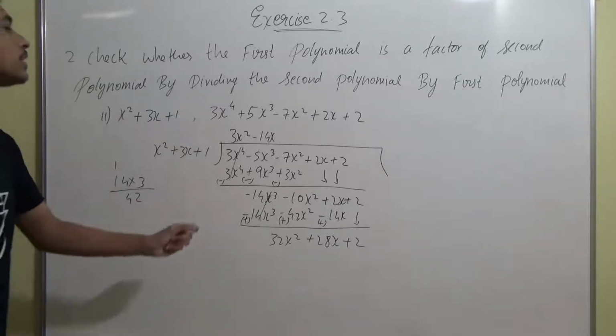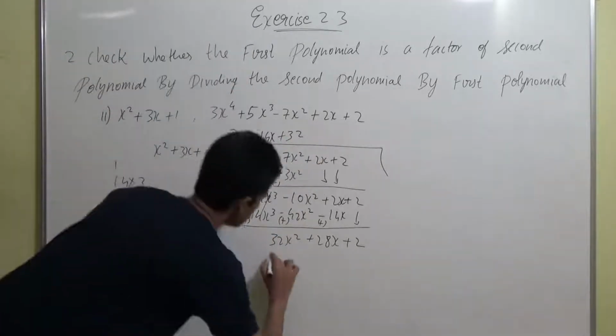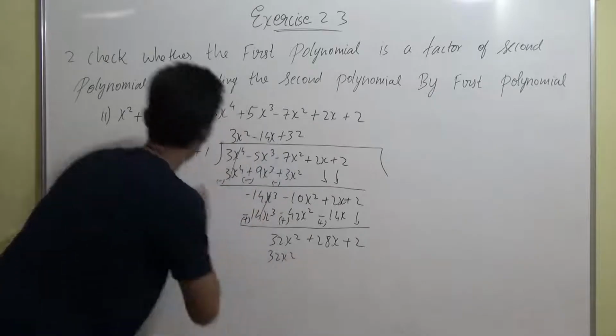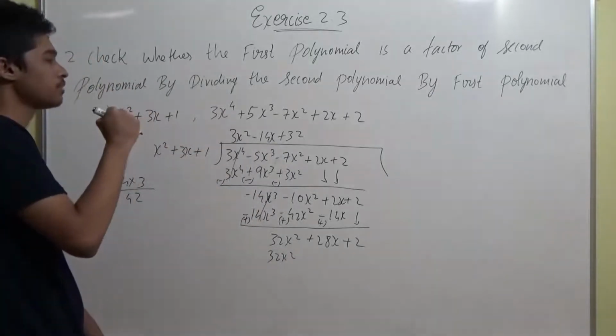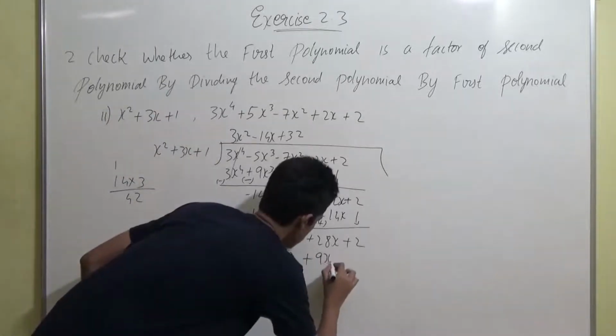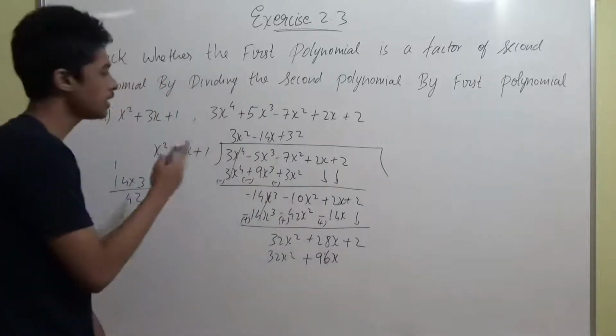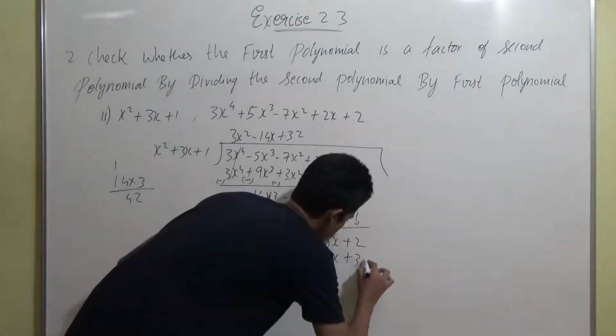So x square into 32 is going to give us 32x square, right? And then 3x into 32 is going to give us 96, plus 96x. And then 1 into 32 is going to give us plus 32.